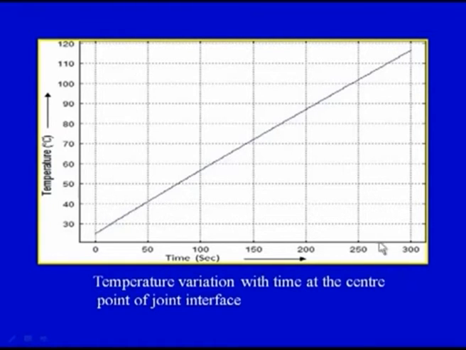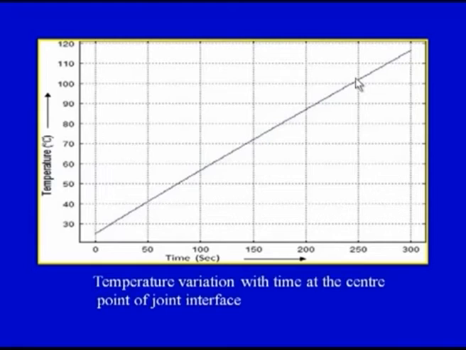So at a particular time, suppose 250 seconds, we have a temperature more than 100 degrees centigrade. So suppose 100 degrees centigrade is a temperature at which the matrix material has the tendency to soften a bit and join with the other matrix that is there on the other adherent.